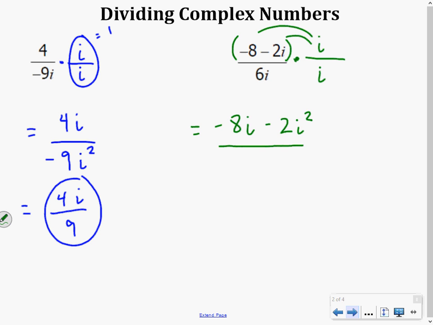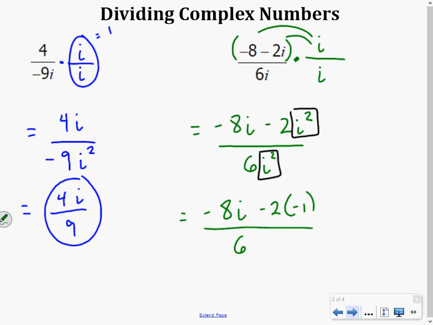My denominator now is 6i squared. And I have two places where I'm going to replace the i squared with a -1. So if I do that, I have -8i minus 2 times -1 over 6 times -1. So that becomes -8i plus 2 over -6.